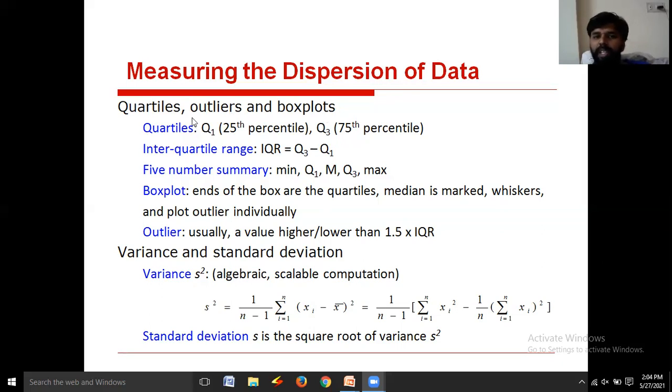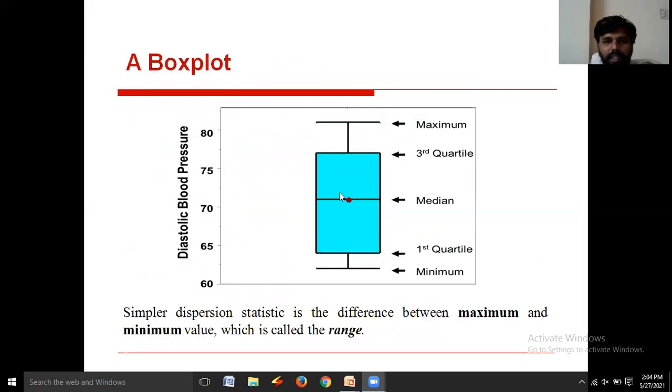Coming to the quartiles. Observe this, this is a box plot. Before going to discuss quartiles, I would like to explain the 5 number summary. This box plot is used to represent the data.